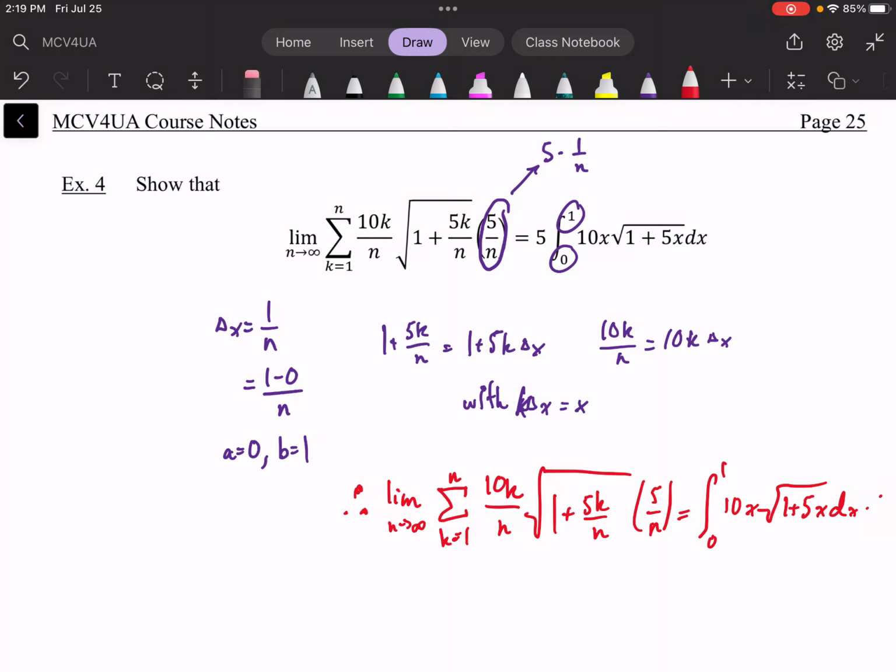We're multiplying by 5 here because of the extra 5 that we missed multiplying by the 1 over n. So that extra 5 you can take right out in front of the expression. And you get what you wanted to see.